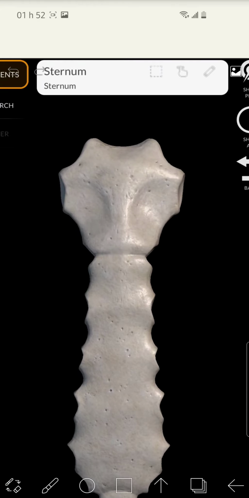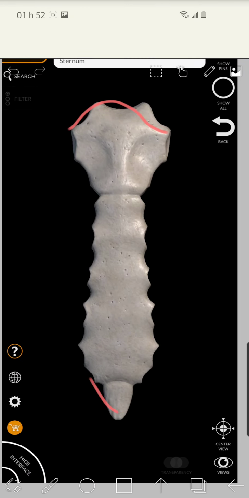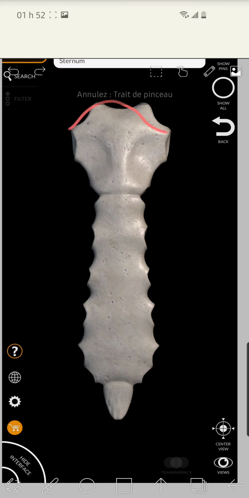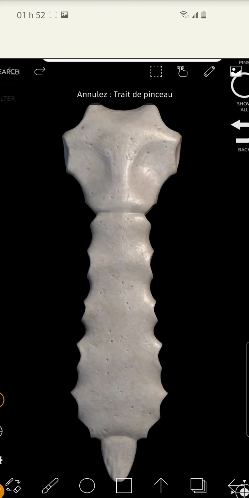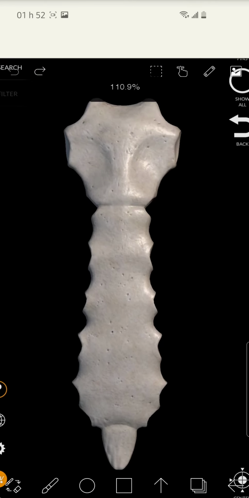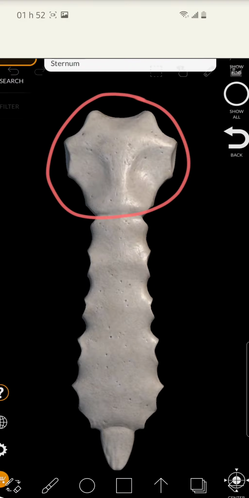So here we have the superior edge, so it's all of this. And then we have the inferior edge, and then we have the two lateral edges, so two sides and four edges. Alright, so the sternum is composed of three parts. It has the superior part, which is called the manubrium.